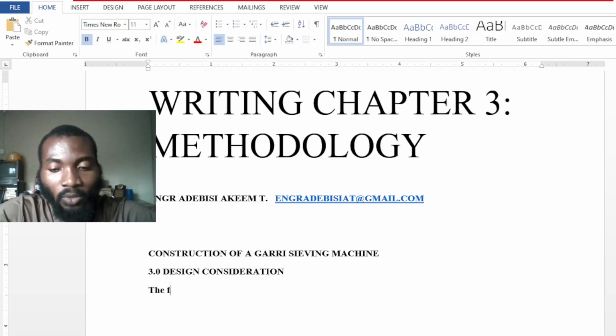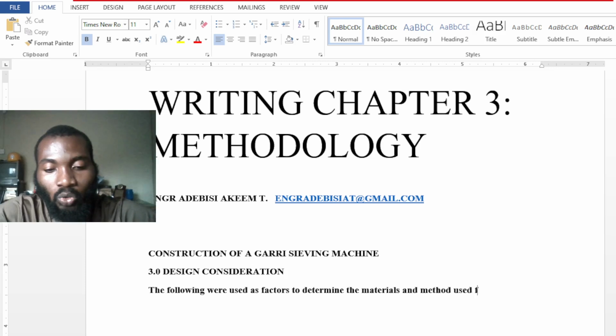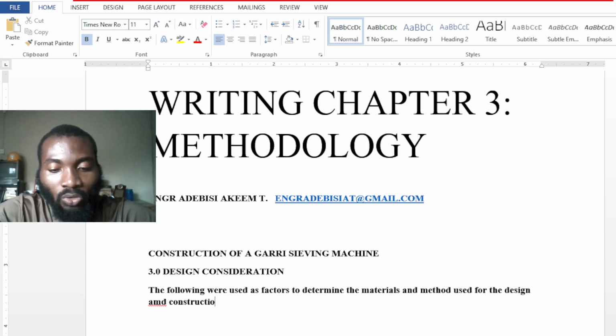The following were used as factors to determine the materials and method used for the design and construction of the Gari sieving machine.